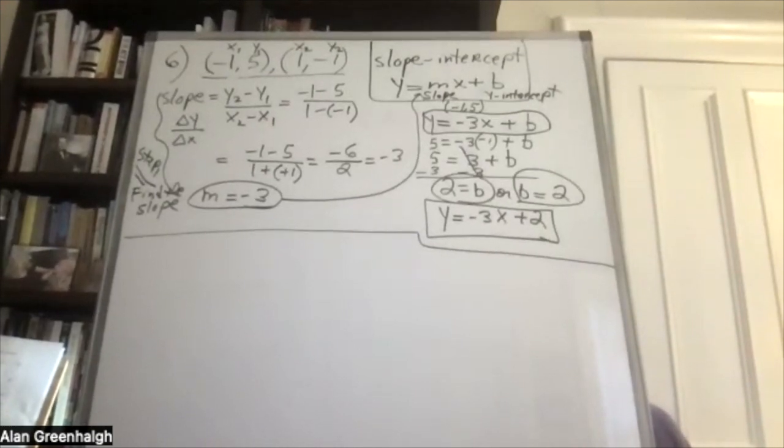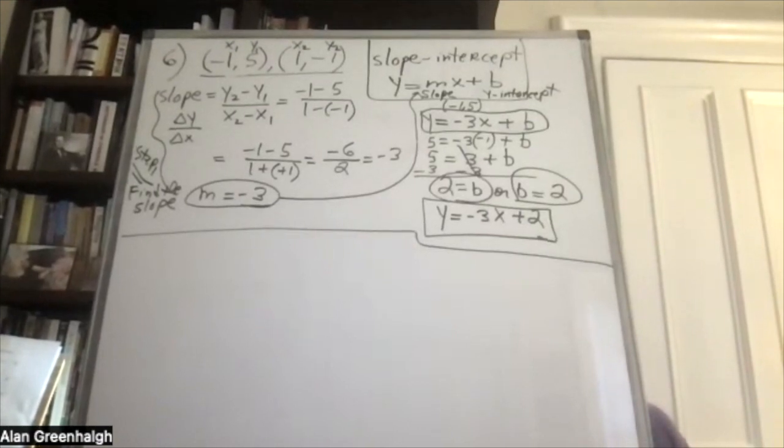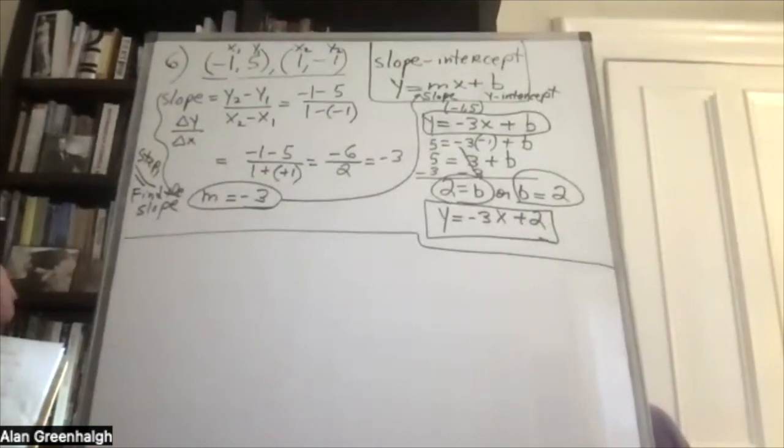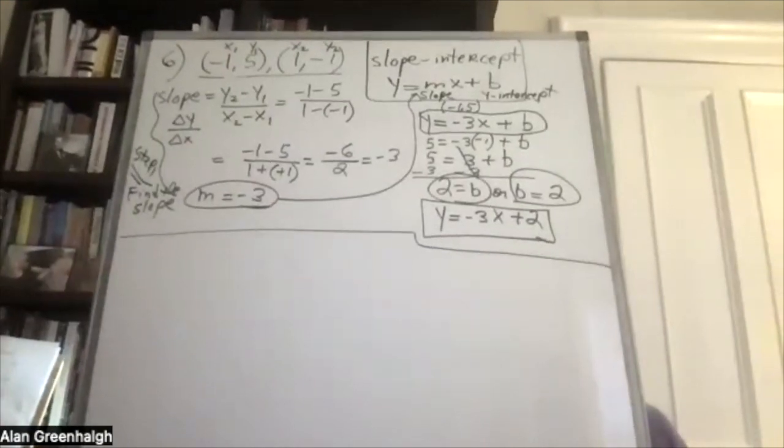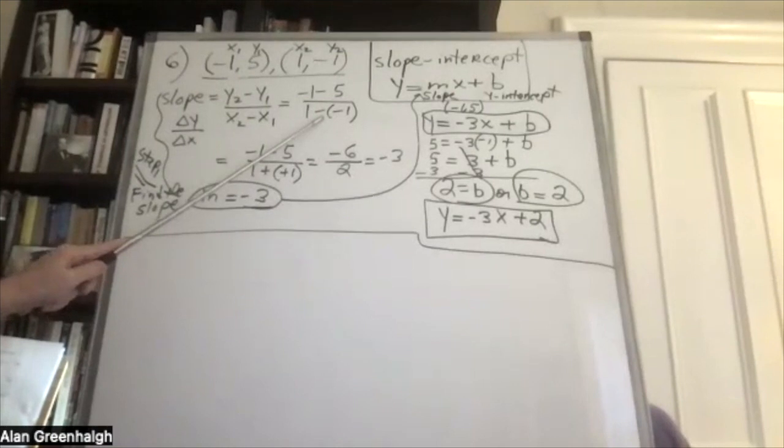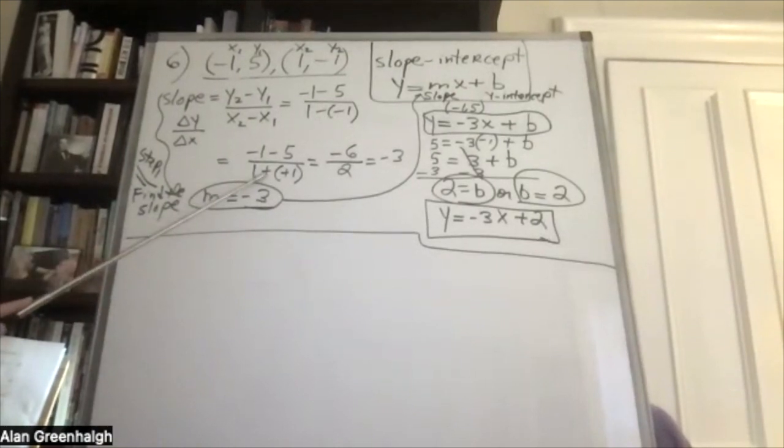I have a question. Yes, Jaden. So for the very beginning where it says 1 minus parentheses -1, right under it you changed it from 1 minus to 1 plus parentheses +1. Why did you change it?